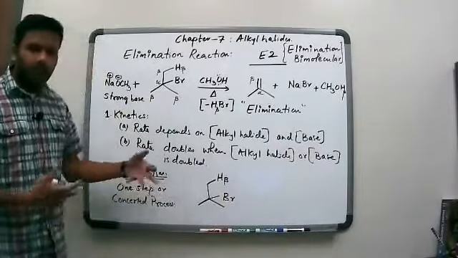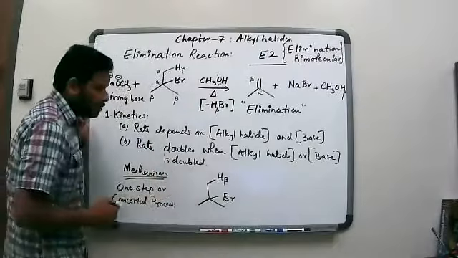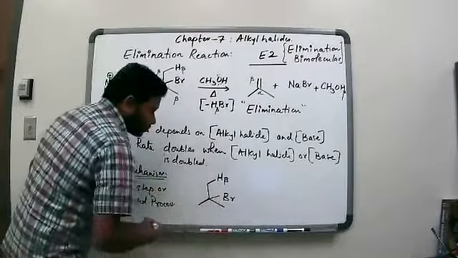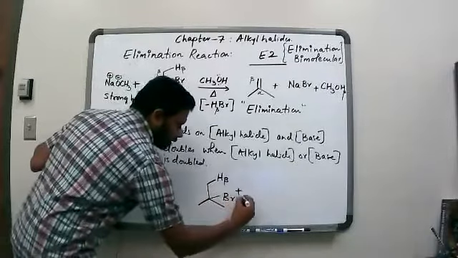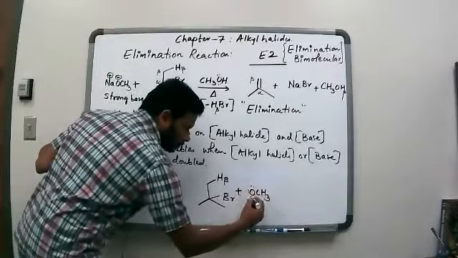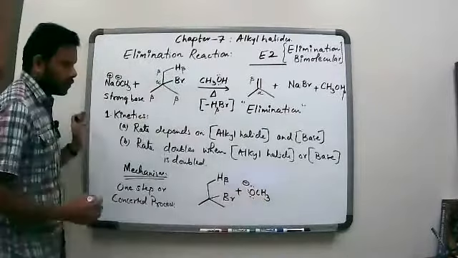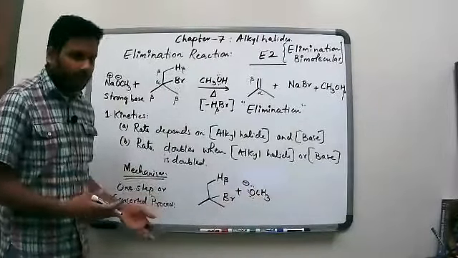Okay, so I could have picked any one of those 9 hydrogens. So this is just a representative H beta we have. So what is going on here is the alkyl halide reacts with our base. And remember, the sodium is only balancing the charge, so we can leave it out of the mechanism itself.